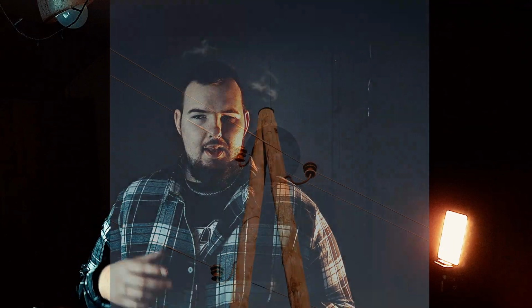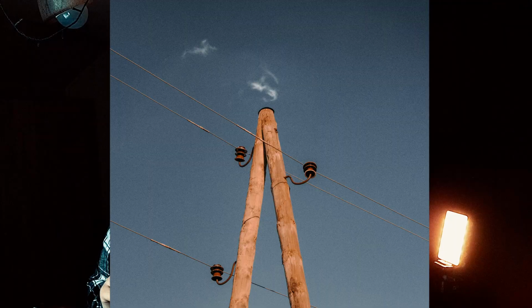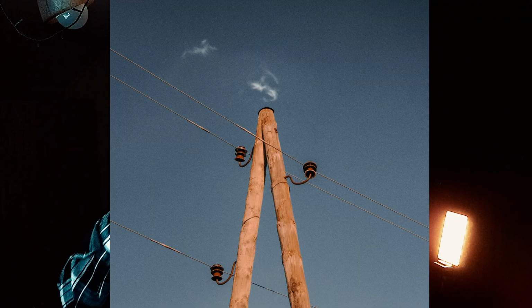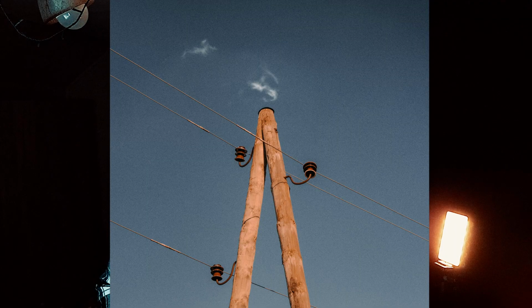I tried to maneuver myself in such a way that you could actually get the little tiny cloud onto the tip of the poles coming together, so it would frame up the cloud as the main focus point of the image.